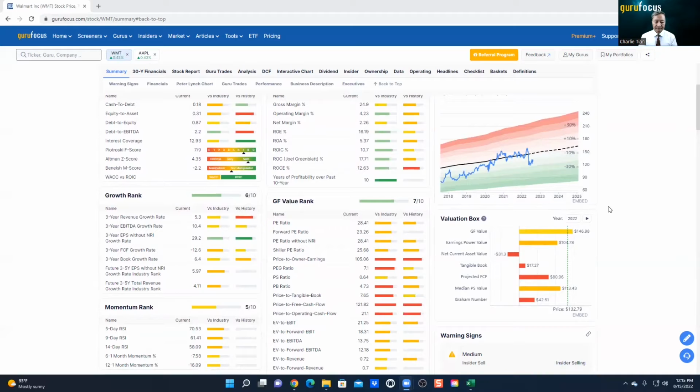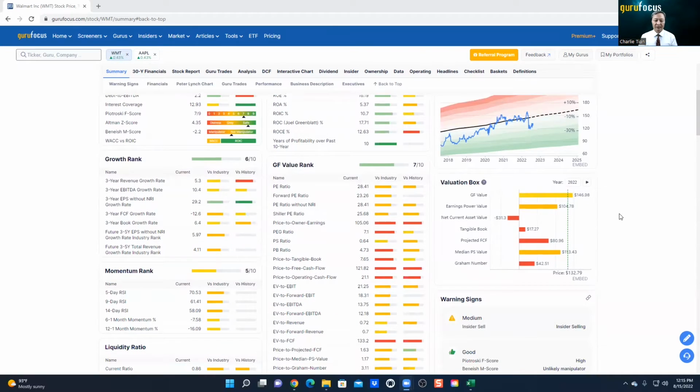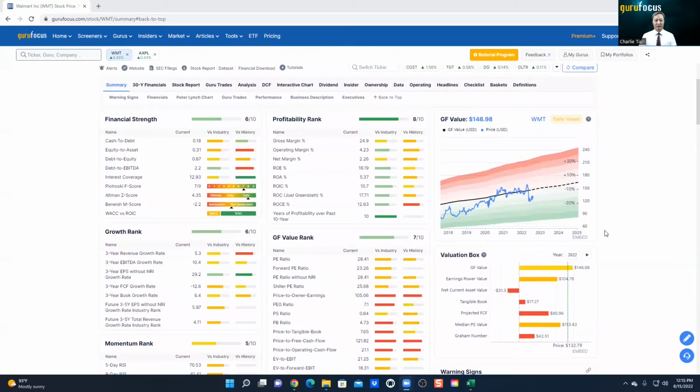Others like the DCF model or price to free cash flow also have their own problems. That's why we developed this GF Value concept. We want to have one way of valuation and apply it to every kind of company.